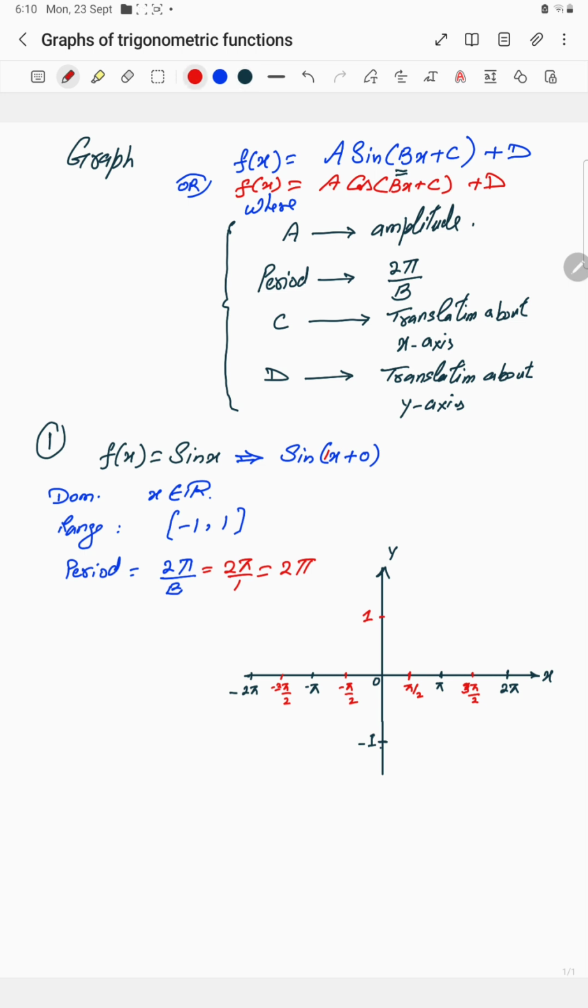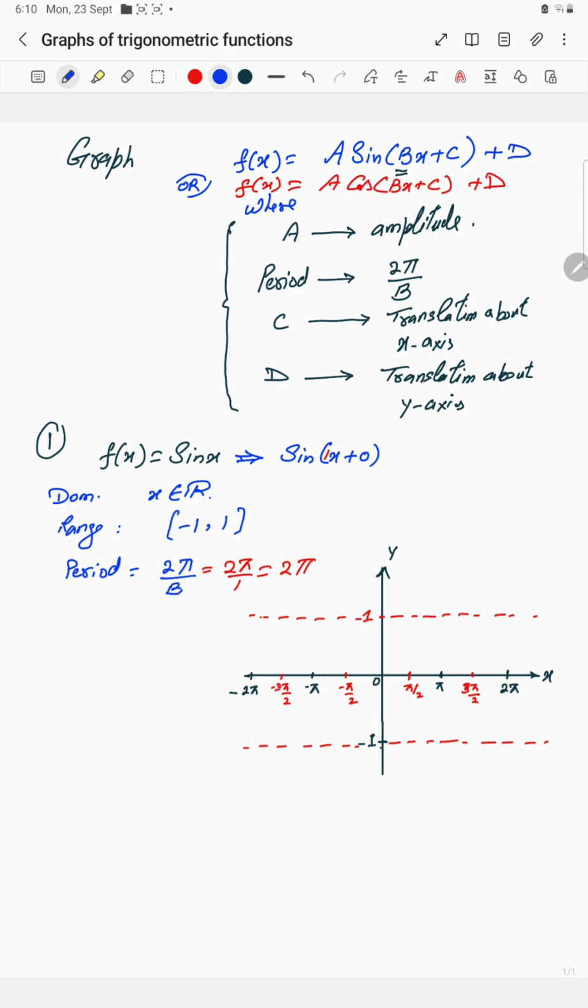So if I draw a dotted line like this, it shows that the graph will not cross these dotted lines and it will lie in between these dotted lines.